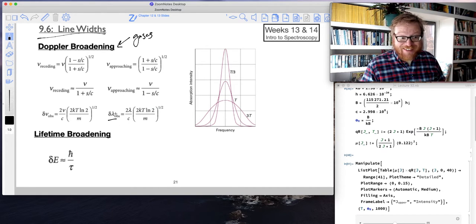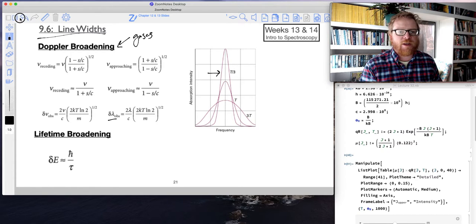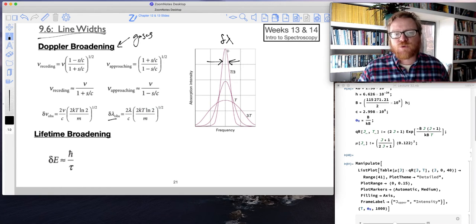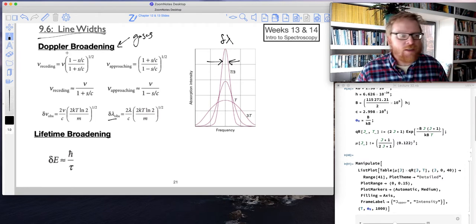width. So that delta lambda, that is the spread in lambda. I'll note it on this figure here. If I look at the width of this, that is my delta lambda. Excuse me, here it is delta frequency on this graph, I'll label that appropriately.